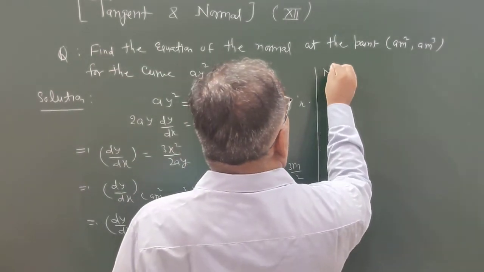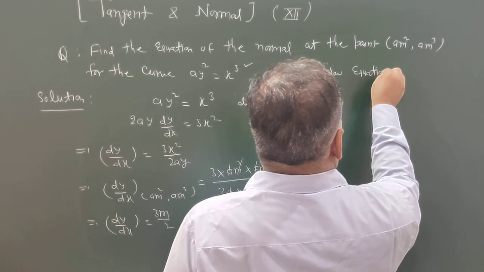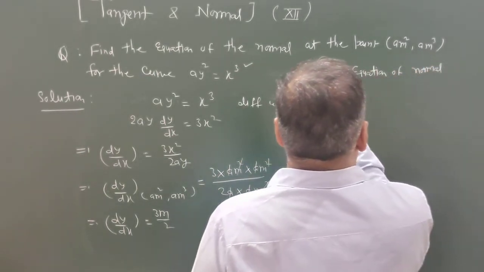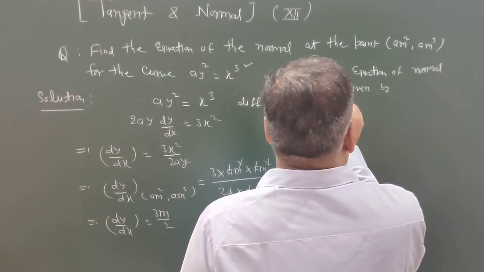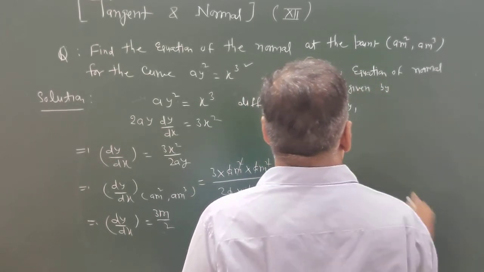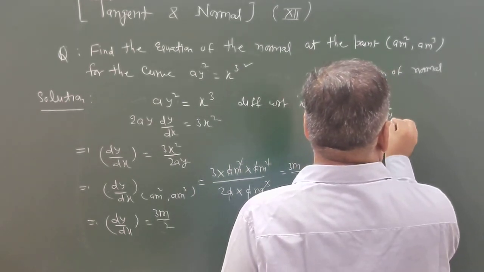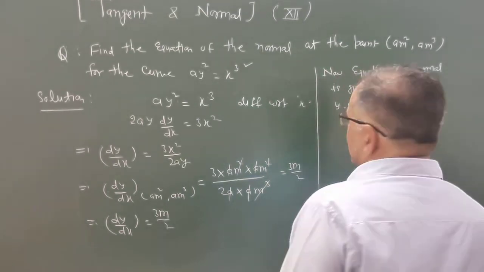Now the equation of normal. The equation of normal is given by y minus y1 equal to minus 1 upon dy over dx at the point, into x minus x1.